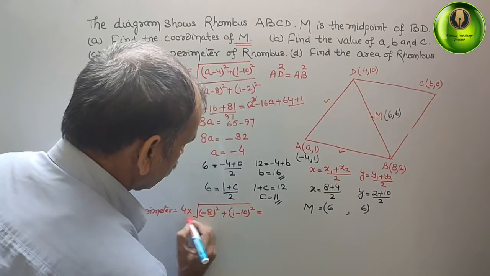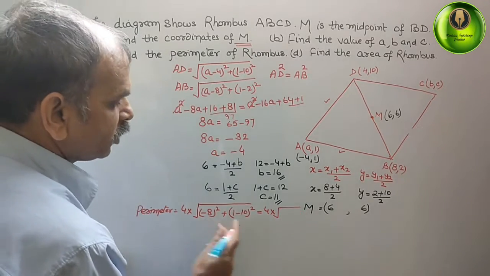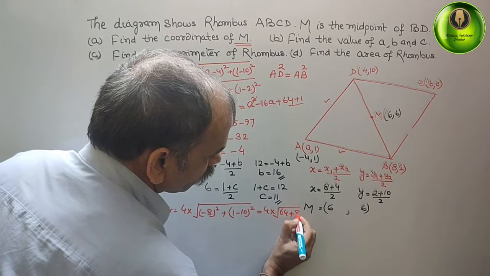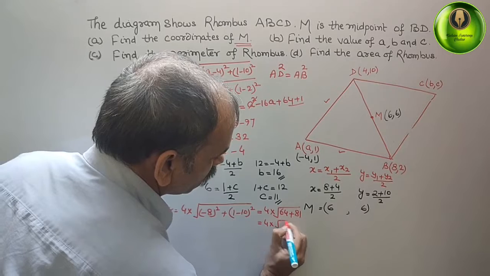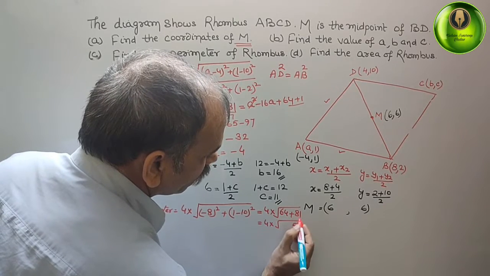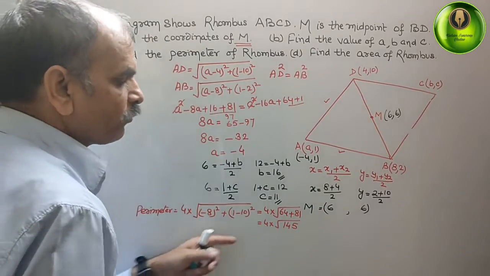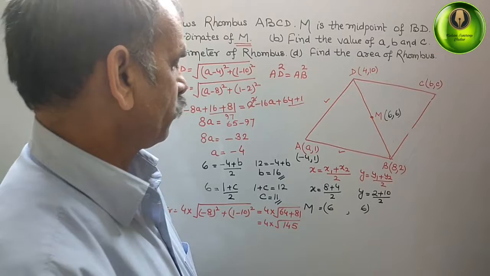That is equal to, we can say, 4 into root over 64 plus 81. That is equal to 4 into root over 145.